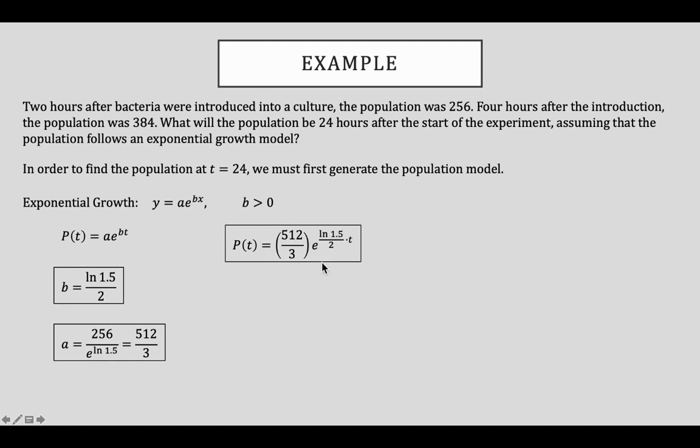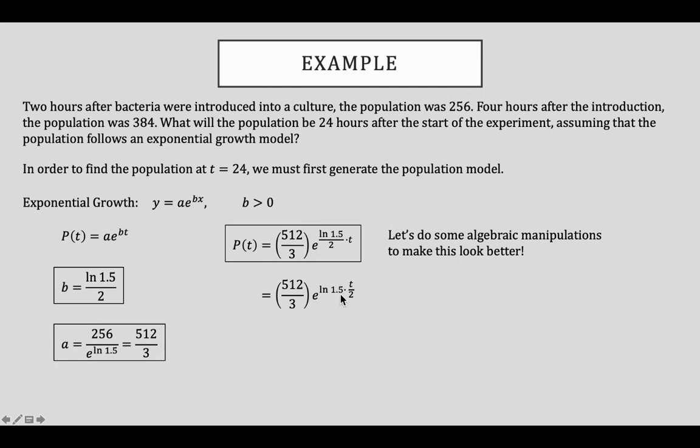One thing that might make this a little bit easier is to do some more algebraic manipulations to change this equation and make it look a little bit neater. All right, notice instead of dividing ln 1.5 by 2, I can divide t by 2. This gives us 512 over 3 e to the natural log of 1.5 times t over 2. Here I have multiplication of exponents.